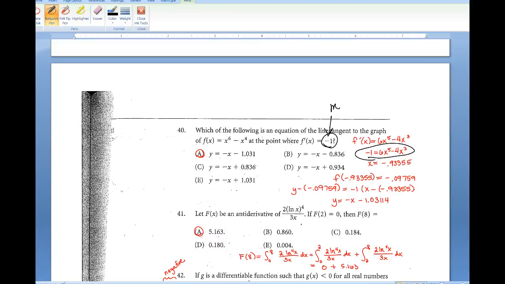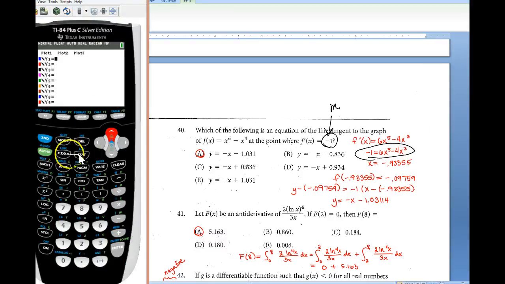I personally like to move everything to one side. So 6x to the 5th, and then it's going to be a plus 1. And I'll just ZoomStat 6 to put it in standard. And right here is my 0.